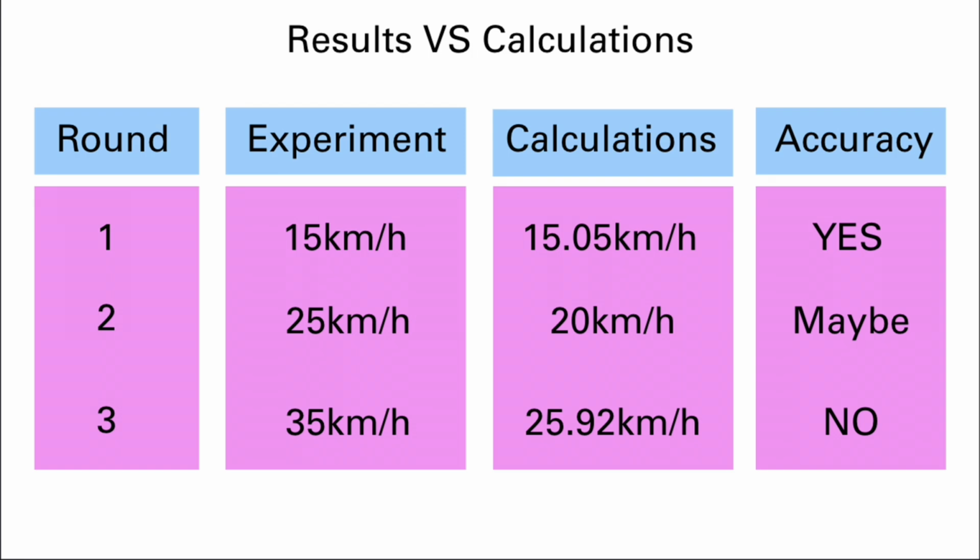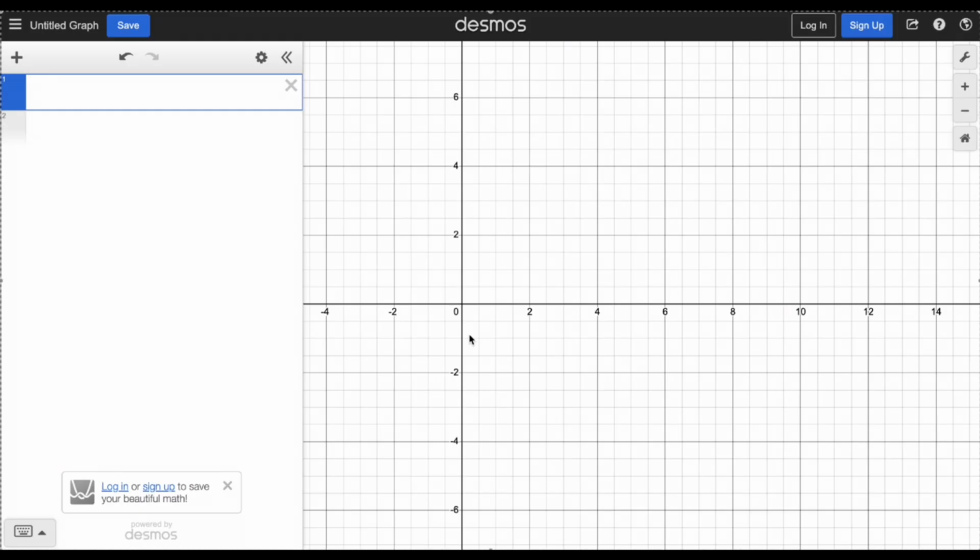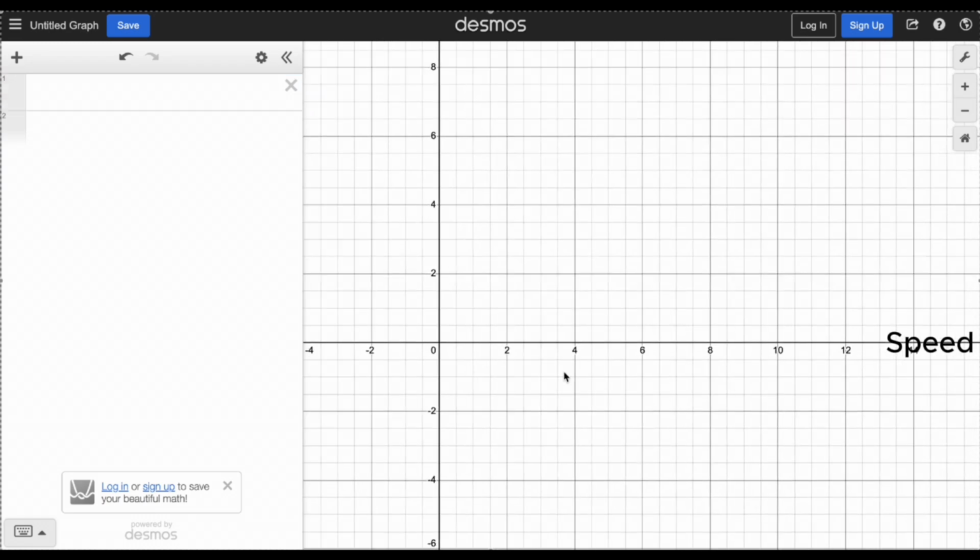But anyway, let's put this into a graph and let's look at the rational function. Okay, so we'll just open up Desmos and then put in our data. So the x-axis will be the independent variable or the input values, which is the speed, and then the y-axis will be the dependent variable, also known as the time, where it depends on our speed during our experiment.